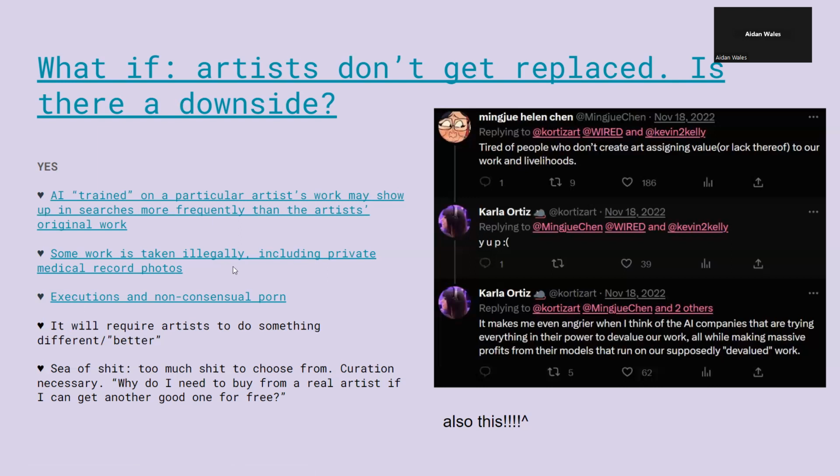Also, this article is pretty intense, but basically it's about using political figures, for example, in non-consensual porn or executions, or being in places they never would go, or making them kiss each other, stuff like that.